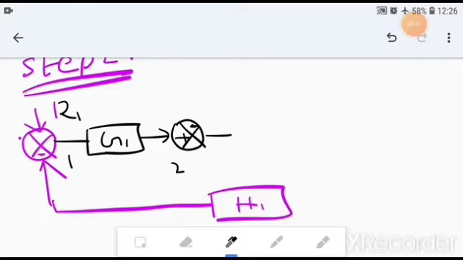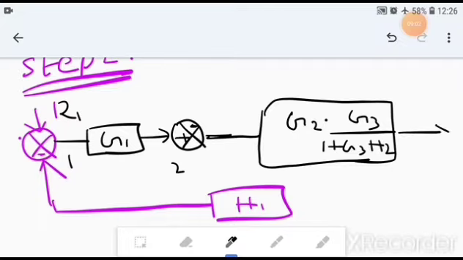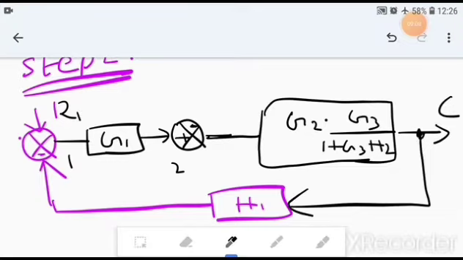And now here we had G2 that is multiplied with the block of G3 by 1 plus G3H2, so we write it as G2 into G3 divided by 1 plus G3H2. This we get, and to this we have the output C, and we are taking the output from the feedback, output to input.